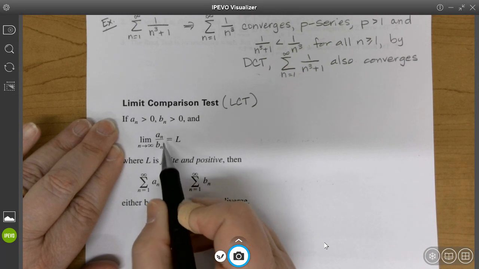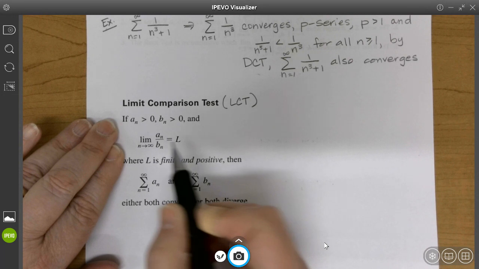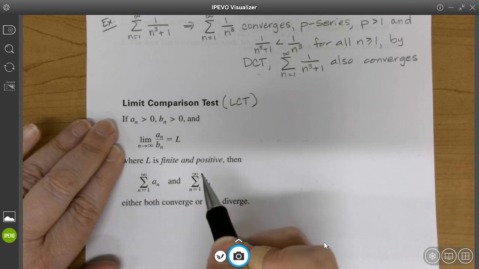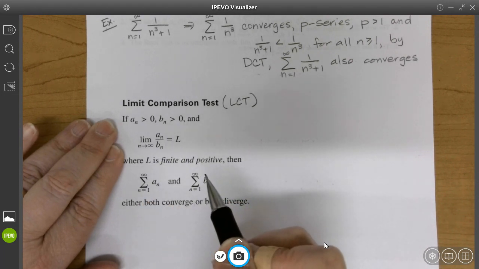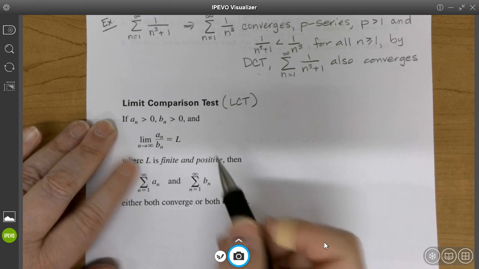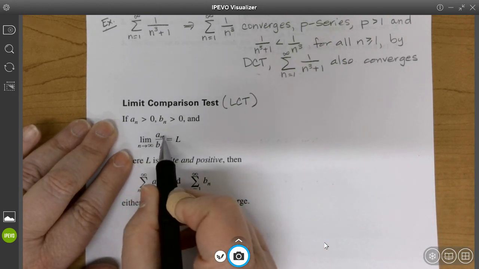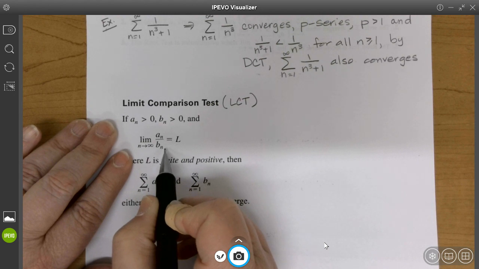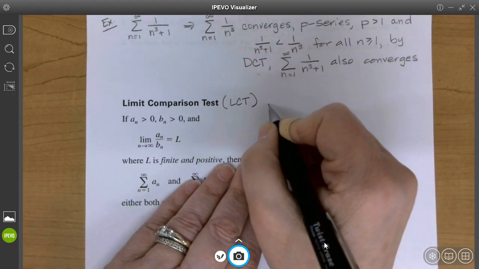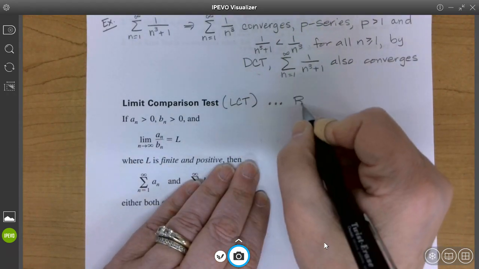So you're going to put a sub n over b sub n, or if you do b sub n over a sub n, it doesn't matter. But they're either going to both converge or both diverge. And the reason this works is we've seen a ratio before where we put a function over another function, which was related rates of growth. So I want you to think related rates of growth.